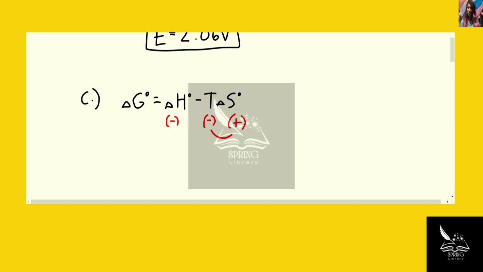So if we drastically decrease that temperature on a cold day, when we multiply these two values together, that comes out to a negative value, and we are subtracting that negative value. So we are adding a more positive value as that temperature becomes lower from a constant negative value for delta H. And so that would eventually lead to an increase in delta G where it would become positive.